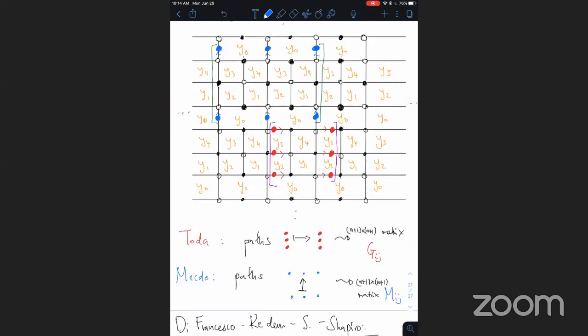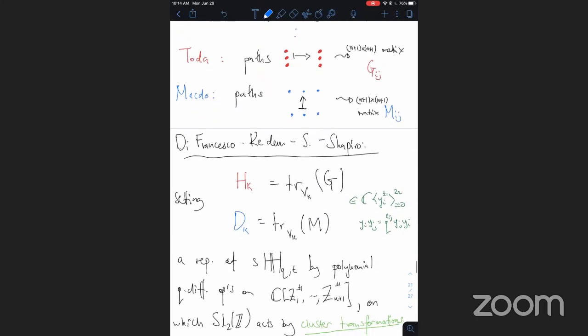The way that we prove that this gives a representation of DAHA doesn't go by direct verification of the relations. It rather goes by the construction of DAHA as a Coulomb branch of a quiver gauge theory for the Jordan quiver. But I imagine it is probably possible to derive from scratch relations among the Toda operators and the DAHA operators just based on this kind of Shapiro-Vainshtein network calculus. But that's not something that we tried.